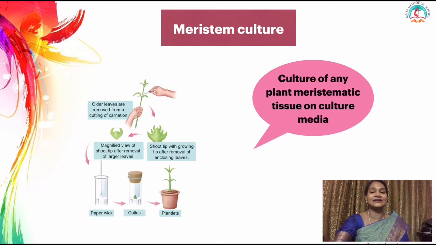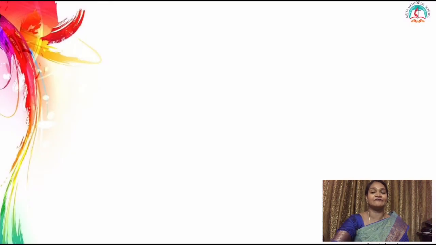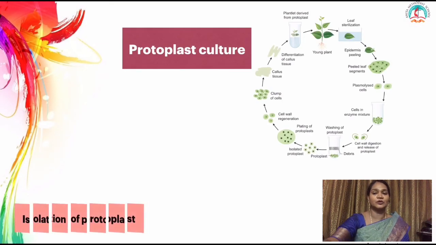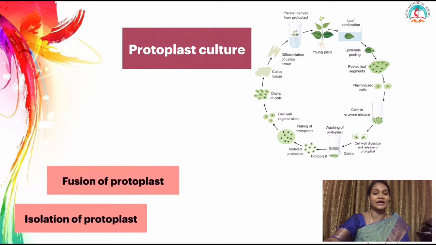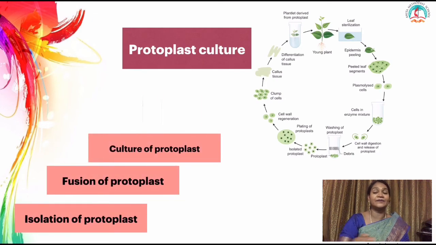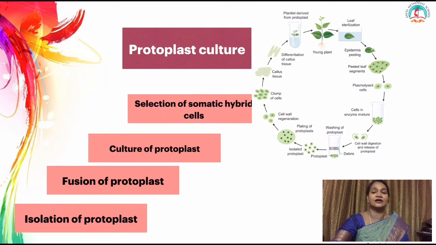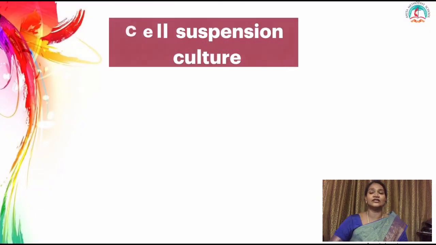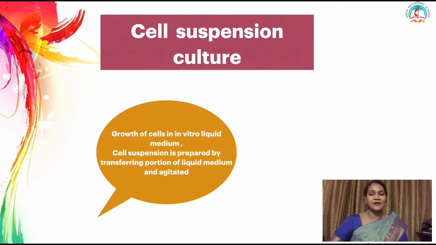Under protoplast culture, there are 4 steps involved: selection of somatic hybrid cells, culture of protoplast, fusion of protoplast, and finally isolation and separation of the protoplast. Under cell suspension culture, cells grow in vitro in liquid medium. The cell suspension is prepared by transferring a portion into liquid medium, agitated and mixed thoroughly.